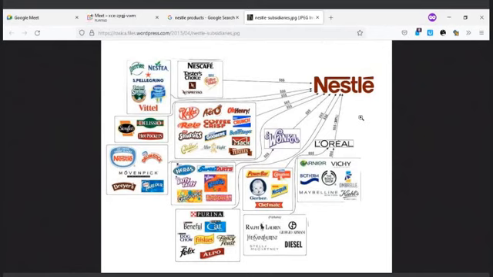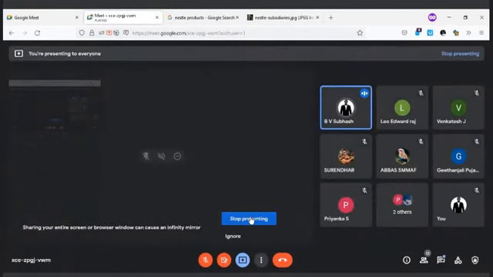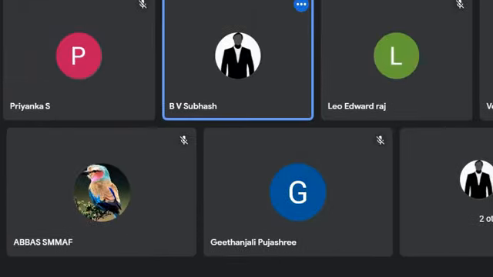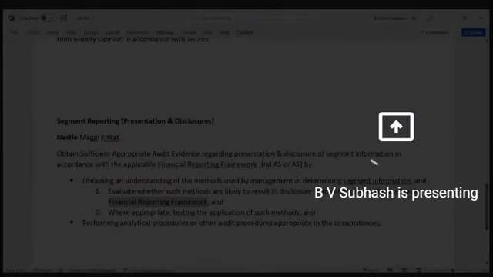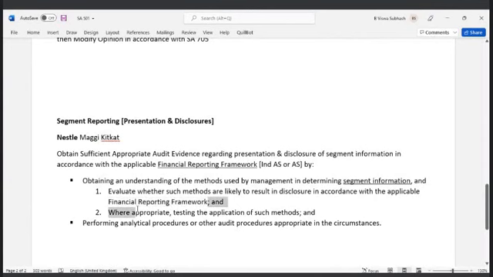They had to give that disclosure. So as an auditor, we need to see what is required to be presented, what is required to be disclosed, and whether the disclosure is in line with the financial reporting framework or not. That is one of the first things.